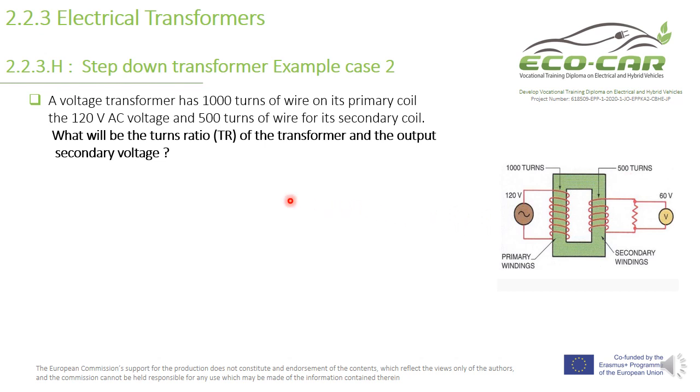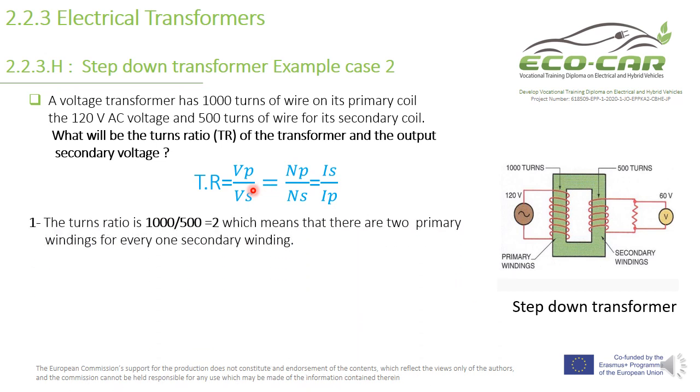So 1000 turns divided by 500 turns gives the turns ratio, as we see in this equation. Turns ratio 1000 divided by 500 equals 2, which means there are two primary windings for every one secondary winding.